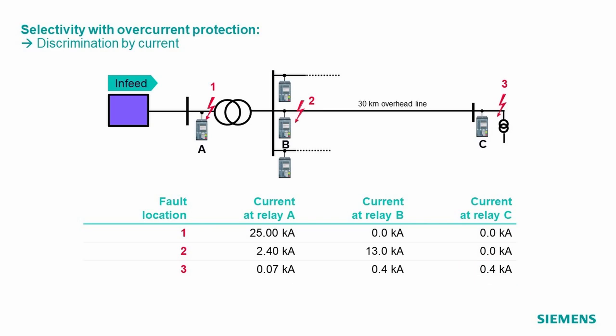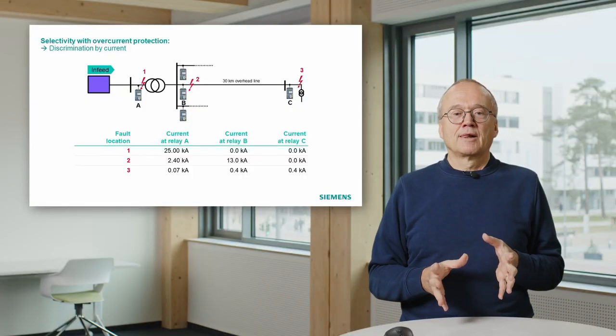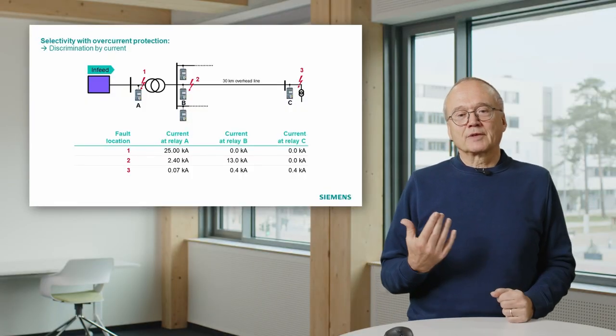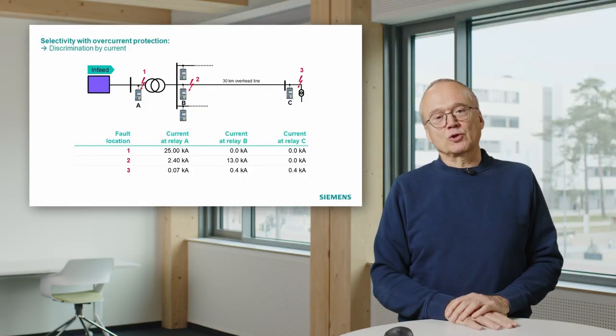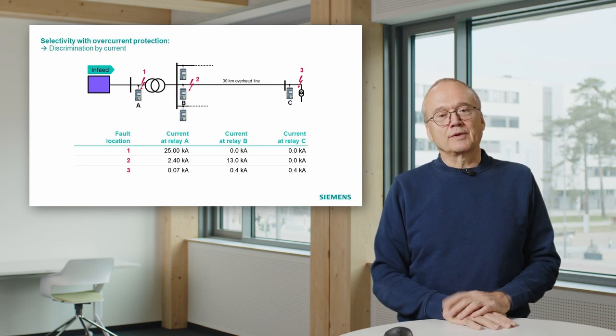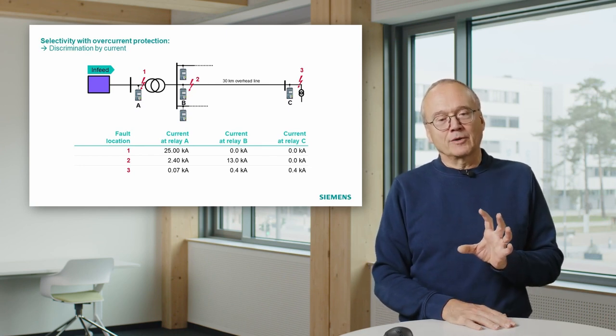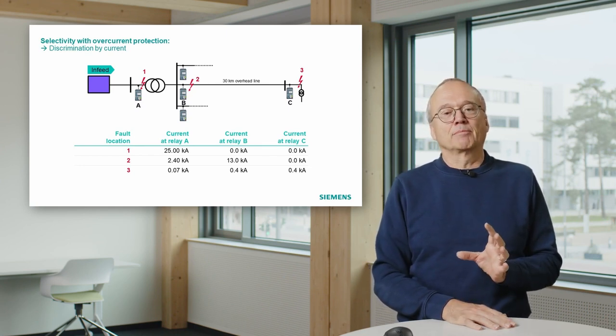And that means in this case, for instance, the relay at location A can take information from the current. It knows if I have a short circuit at location 2, the maximum current I will see is 13 kiloamp.